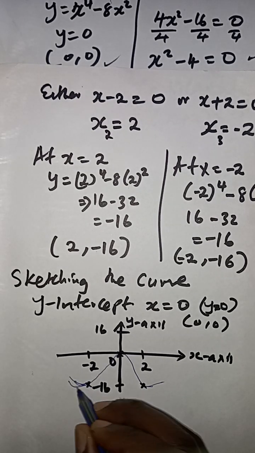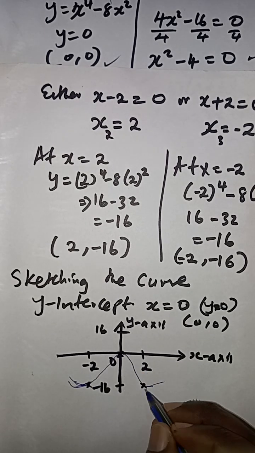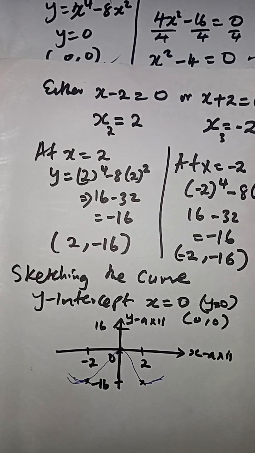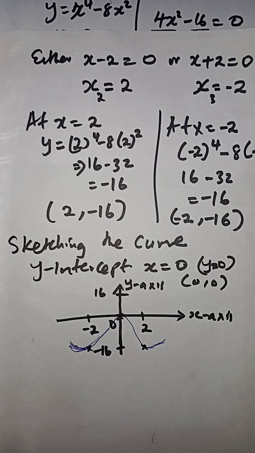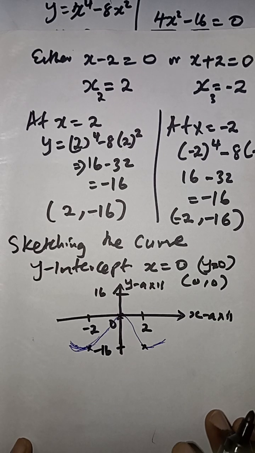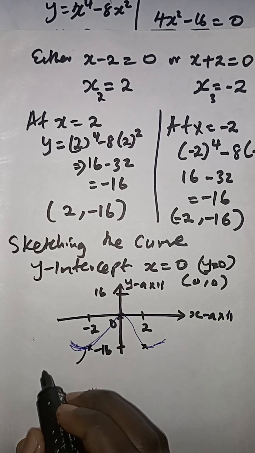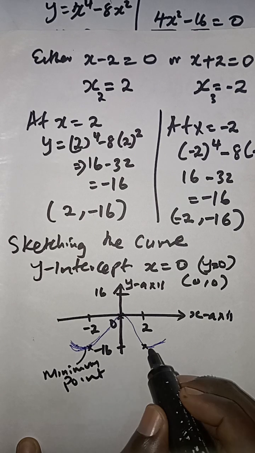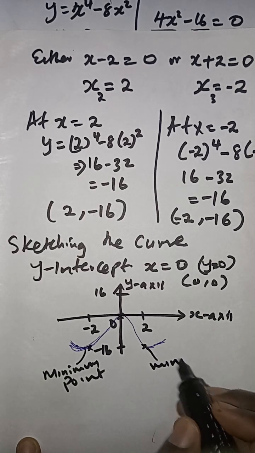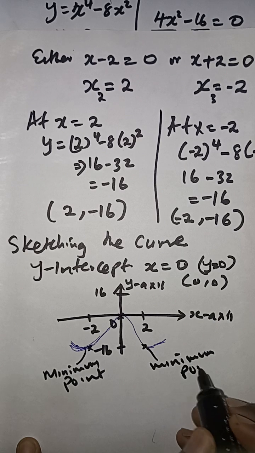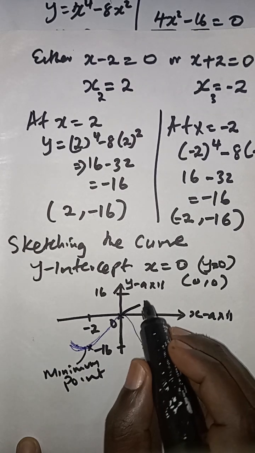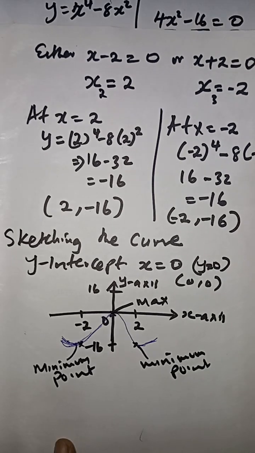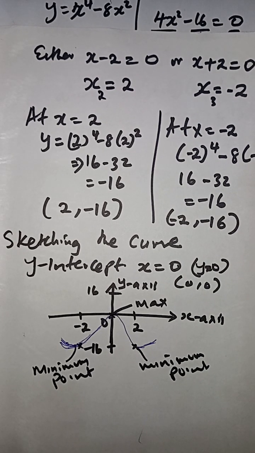So it is turning at this particular point, this one, and this one. Using our eyes, we're able to see that this is a minimum point. This is also a minimum point, while at this particular point, it is our maximum turning point for that particular curve.